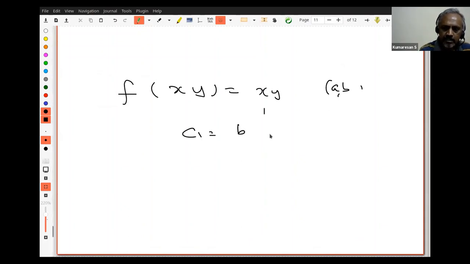It's differentiable, and therefore there is a first degree polynomial. And then I found out C1 equal to B and C2 equal to A, right? This is what we did in the first part of the day in the lecture.